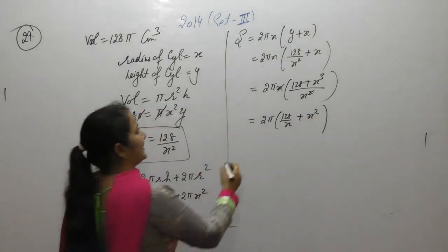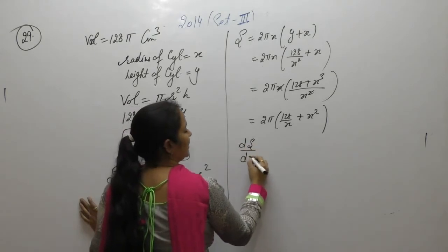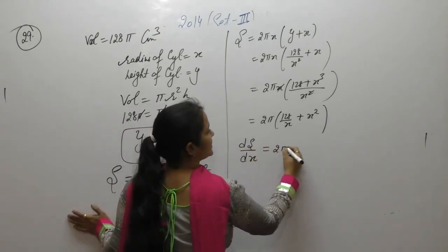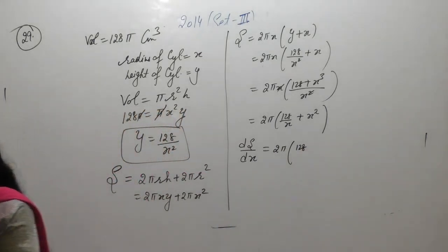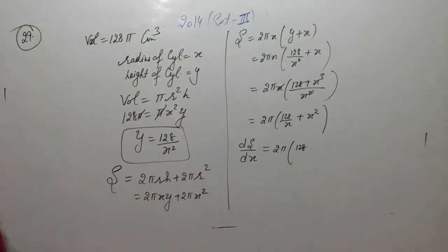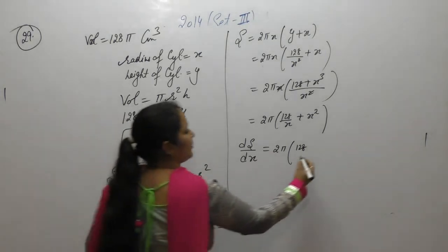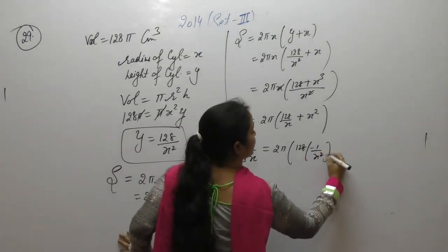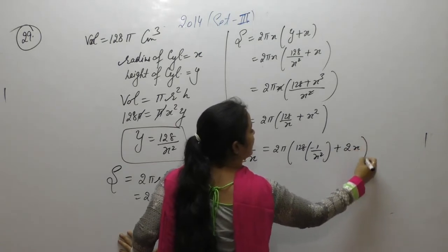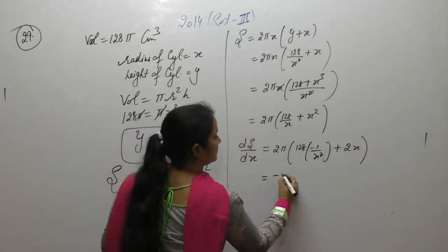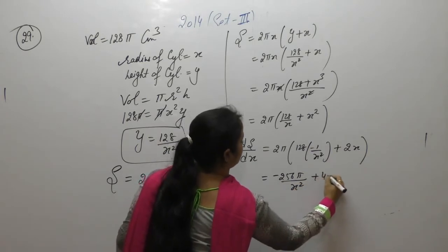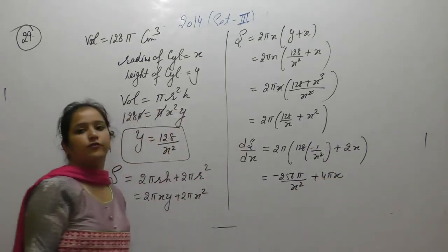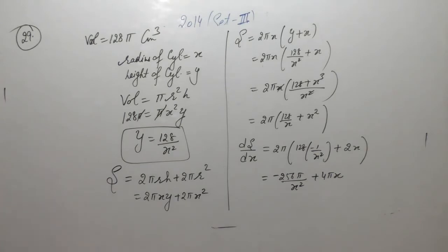Now take the derivative, ds upon dx. 2 pi is constant. Derivative of 1 upon x is minus 1 upon x square, and derivative of x square is 2x. So we get minus 256 pi upon x square plus 4 pi x.